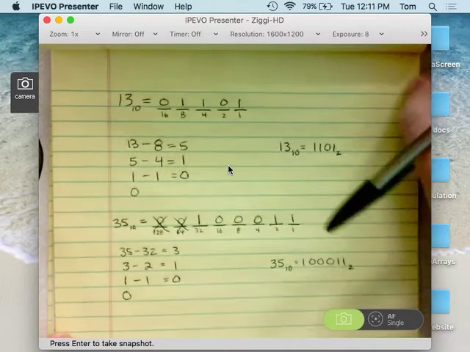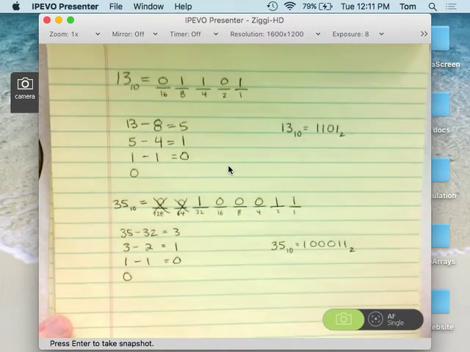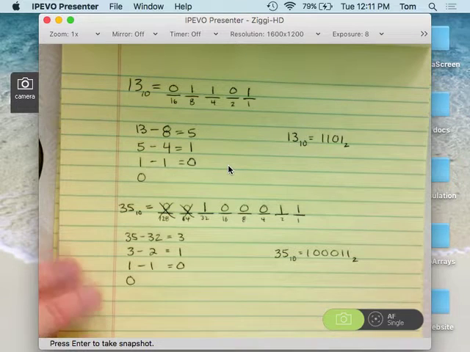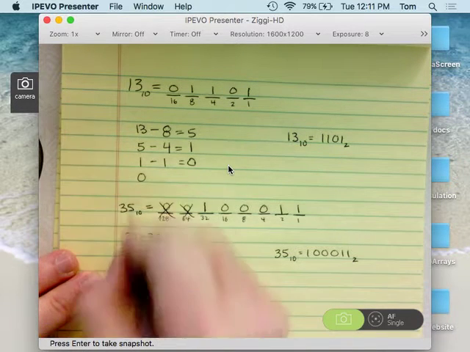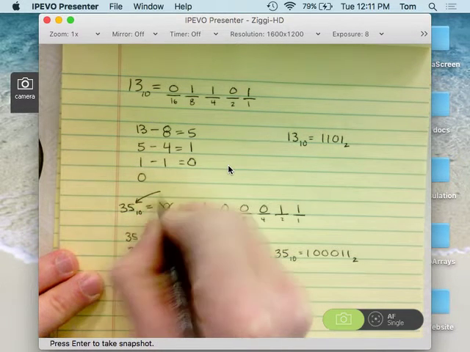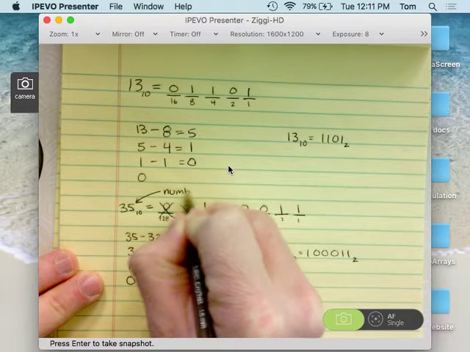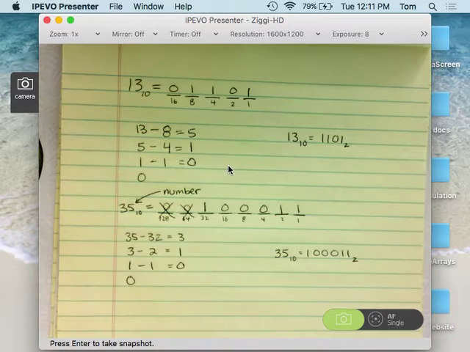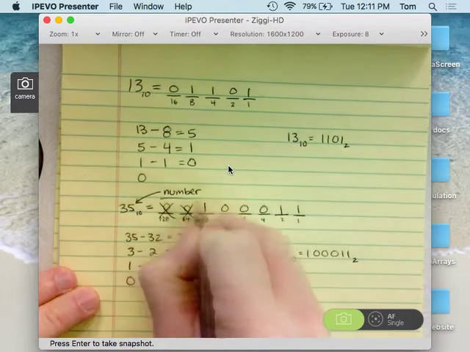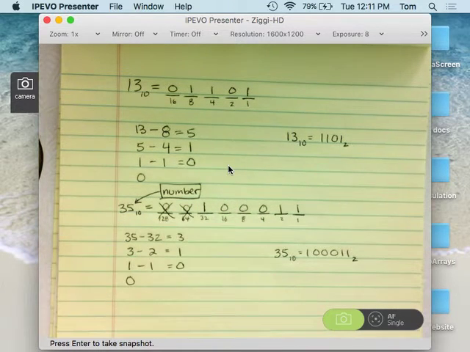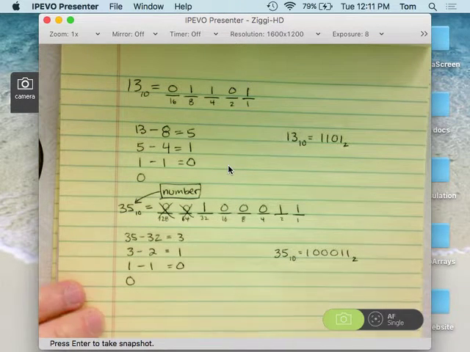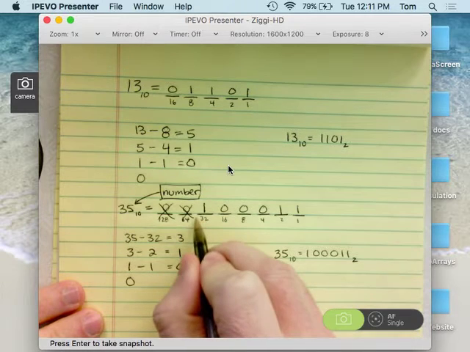Let's first define some things that we're talking about. The first thing that we're going to do is we're going to call this number. That's the number that I'm trying to convert. The other thing that we have to define is these things down here.